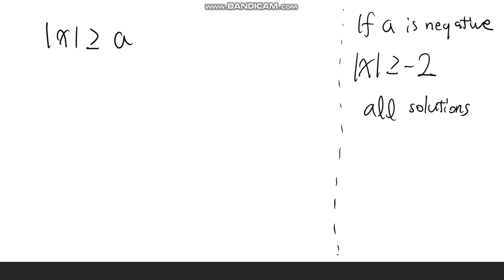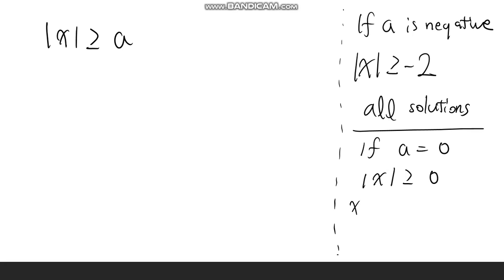Okay, what if a is 0? Then the absolute value of x should be greater than or equal to 0, right? Then what is our solution? What it's saying is that the distance between x and 0 should be greater than or equal to 0. Then x could be 0, right? And then in this case also all solutions.